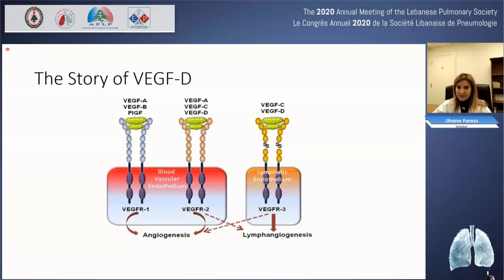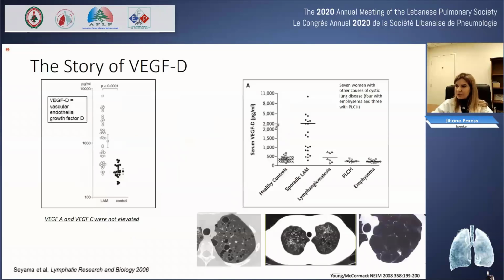So somebody had the idea, since we figured out that LAM is a problem with lymphatics, why don't we check a VEGF-D and C level for that matter in patients with LAM and compare them to healthy control. When they did that, they found that patients with LAM have a much higher level of VEGF-D, but not C, compared to control.